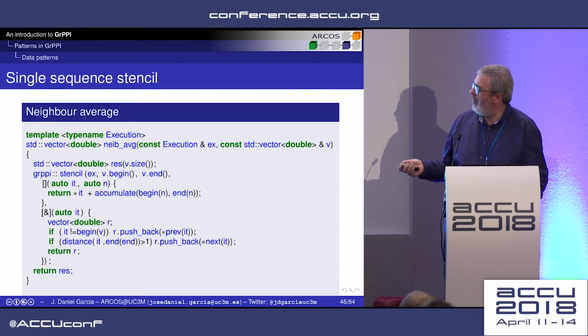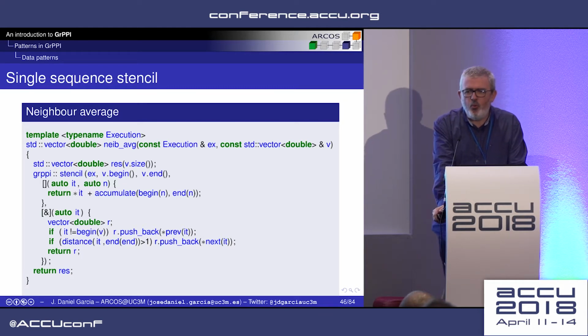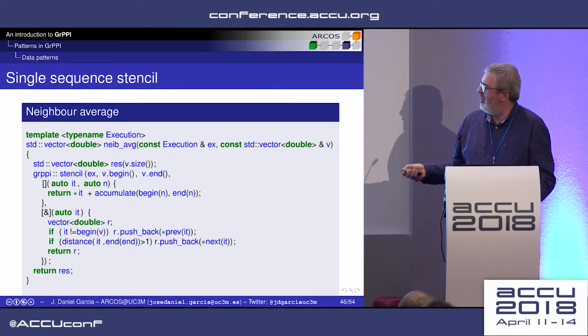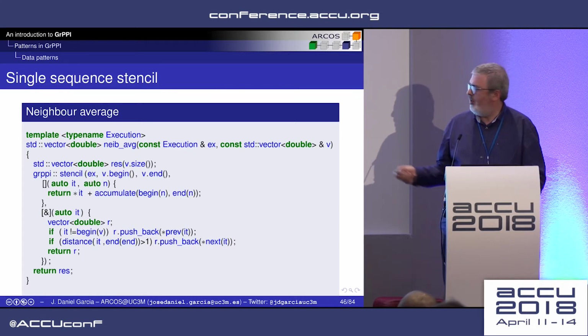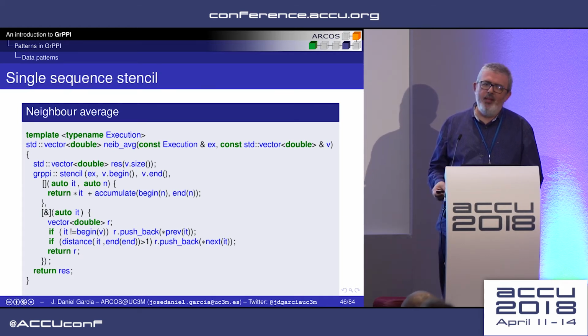And you need to provide a second lambda which computes the neighborhood. Given an iterator, I have decided in this example that my neighborhood would be the previous value and the next value. So for each element, this lambda is going to return the neighborhood.